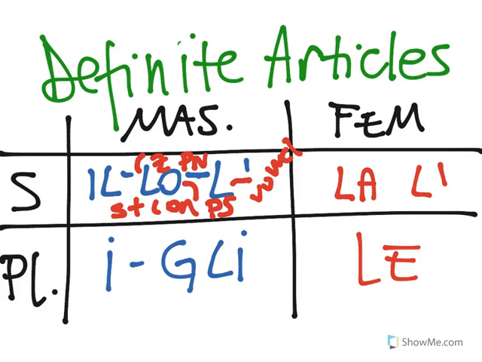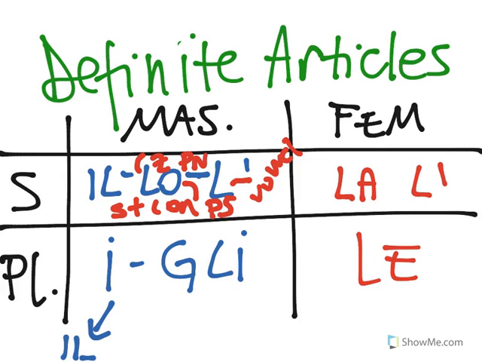The plural of this masculine definite article are i or gli. When do we use i? We will use i when we have to make the plural of the article il.